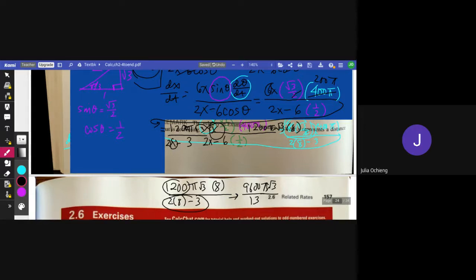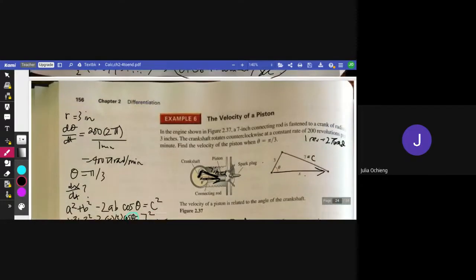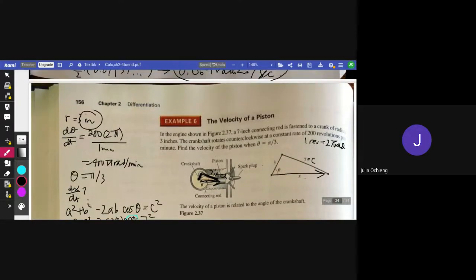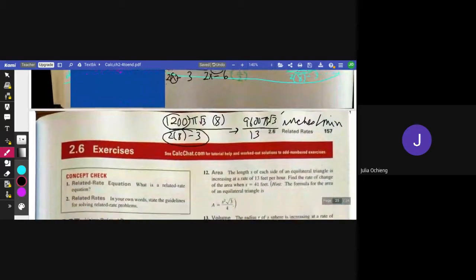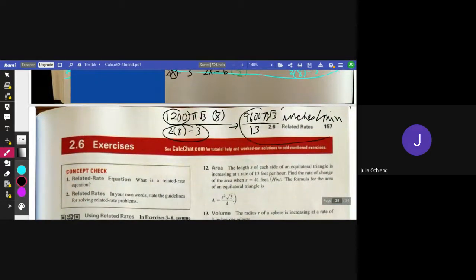How fast the piston is moving. So it's going to be inches per minute, I believe. Let's just double check those units. Yep, inches, minutes. So that's going to be our final answer.